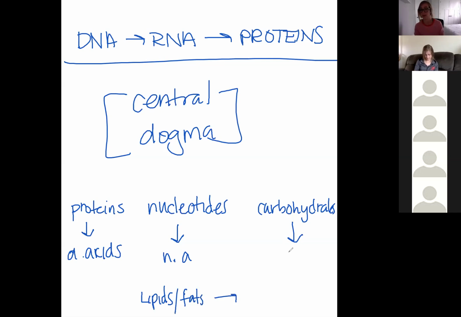What are carbohydrates made up of? What are their building blocks? Monosaccharides, right? And what are lipids and fats made up of? What are their building blocks?